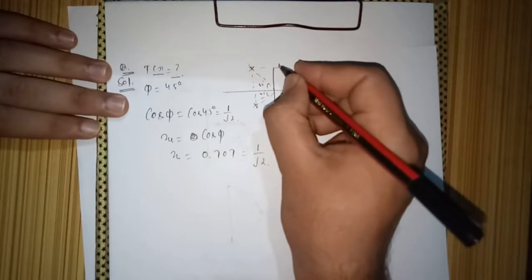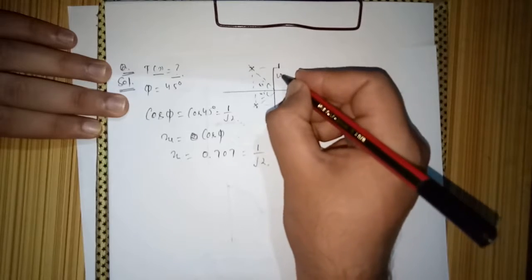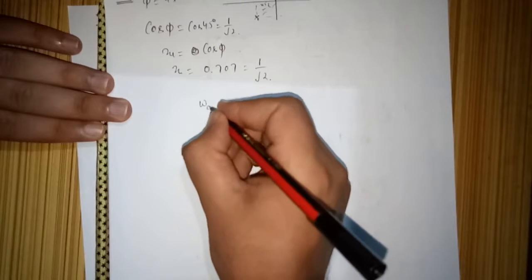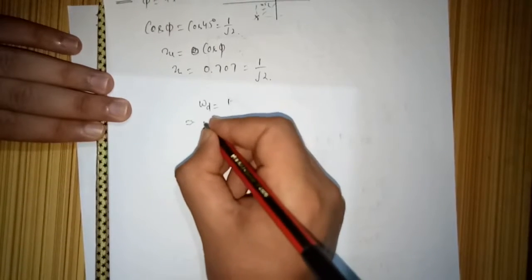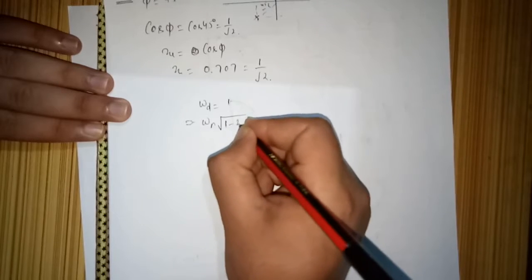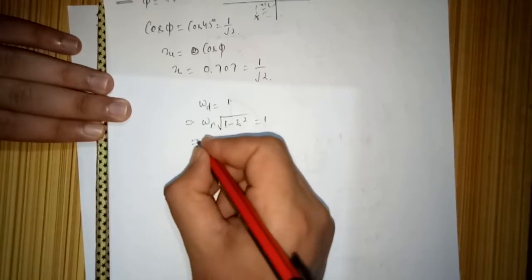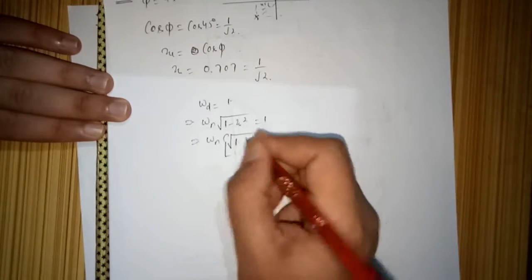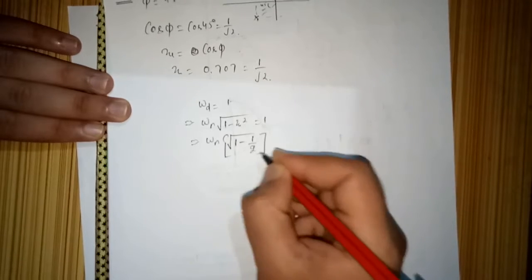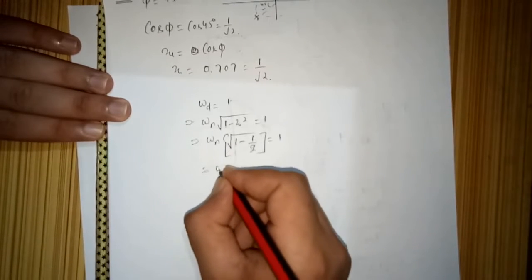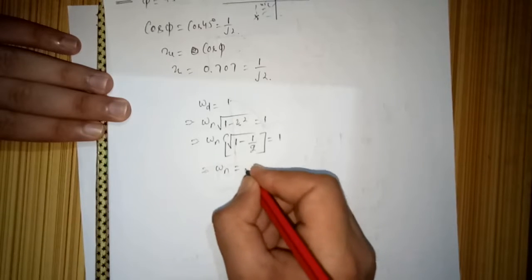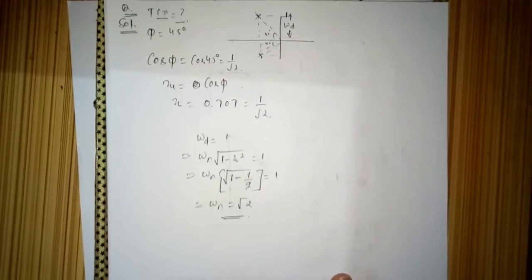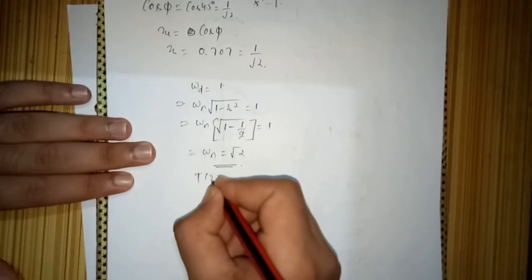And this part is given as 1. This is nothing but omega d, our damped frequency. So omega d is equal to 1. Omega n under root 1 minus zeta square is equal to 1. So omega n under root 1 minus zeta square, that is 1 by 2, is coming out to be 1. Omega n is coming out to be root 2, right? And so how can I write my transfer function?